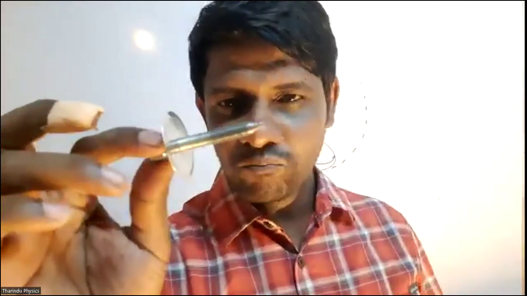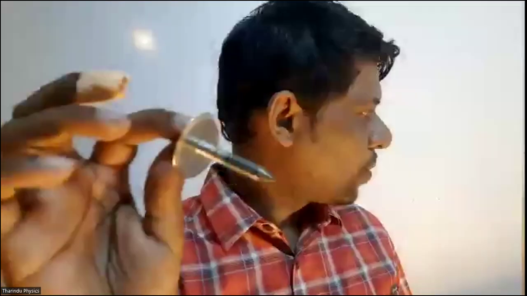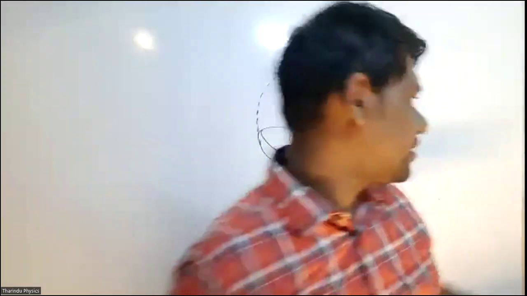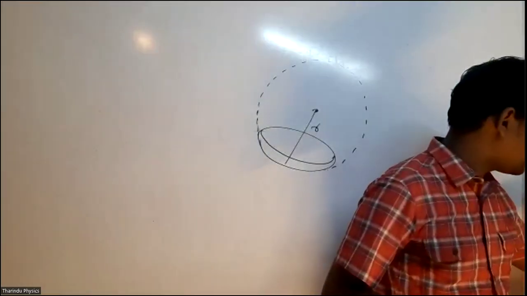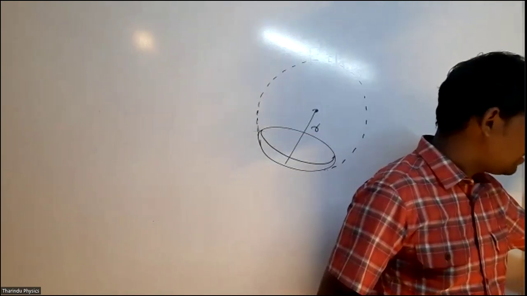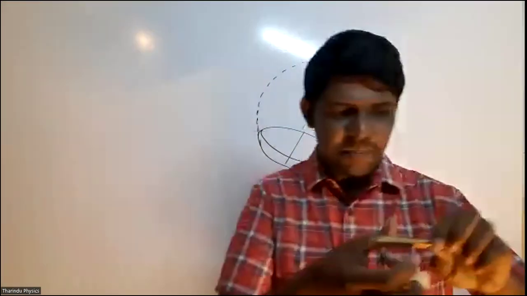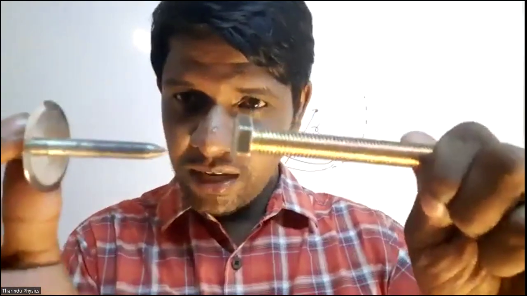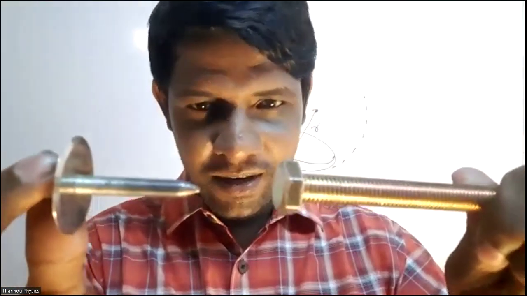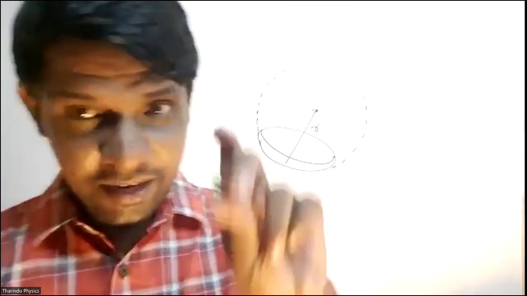This is the screw. It is like a screw ball. Let me hold it like here. This part is a screw bolt. This looks as if a screw bolt. Okay. So this is the nut.